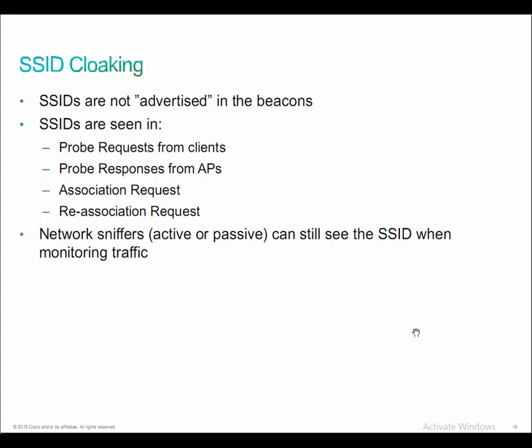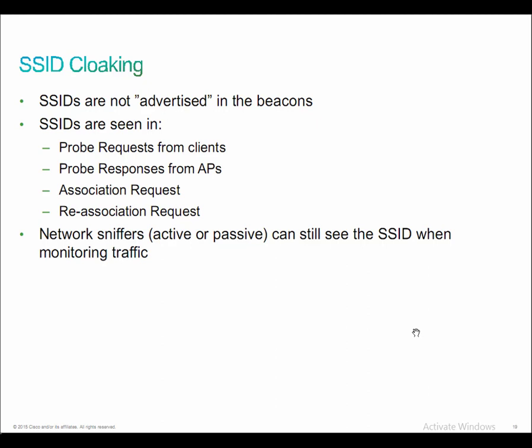All right. SSID cloaking, I think you guys pretty much understand what this represents. We're going to hide the SSID from being seen in the beacons. It isn't really recommended as a primary security mechanism because we're not truly hiding the SSID. And if you've got BYOD devices or whatever, you need to be able to see that SSID to verify that you're going to be able to connect to the wireless network.